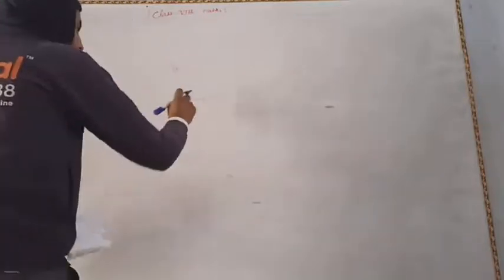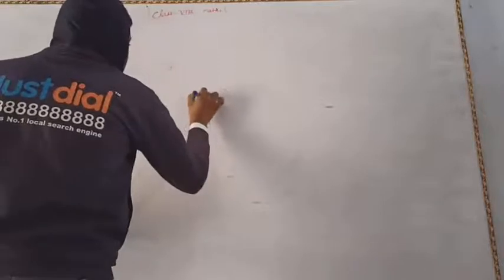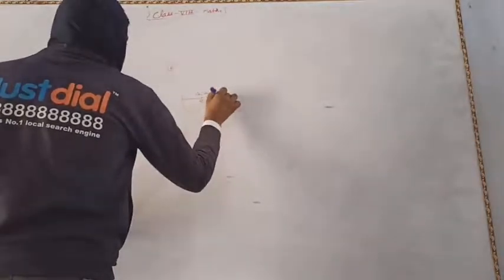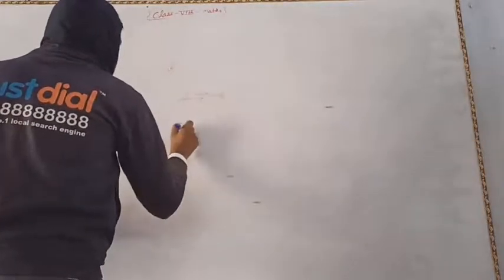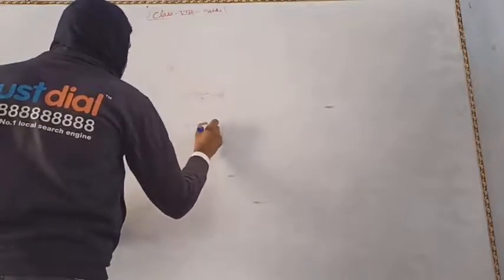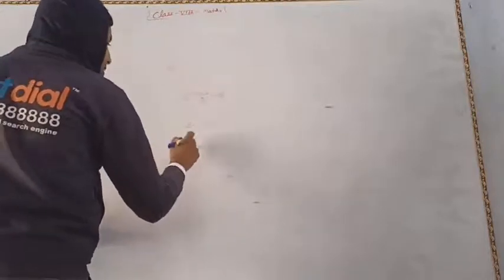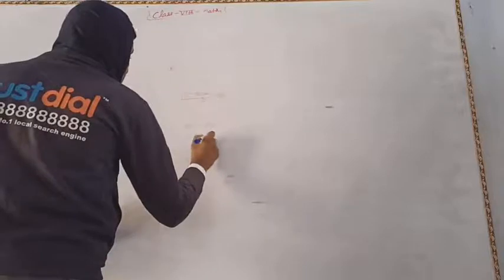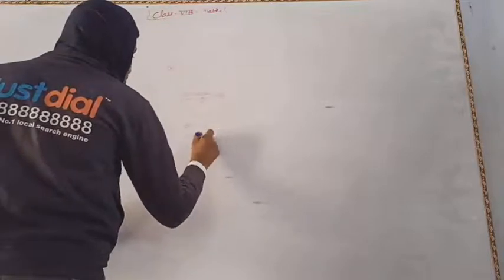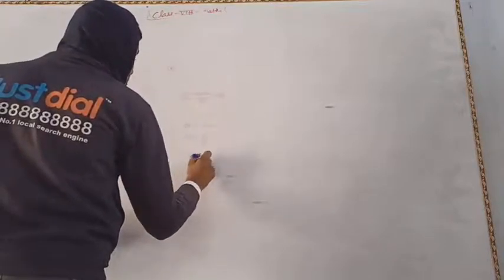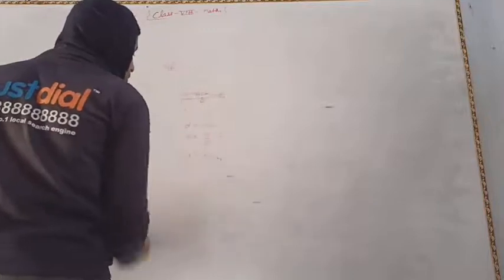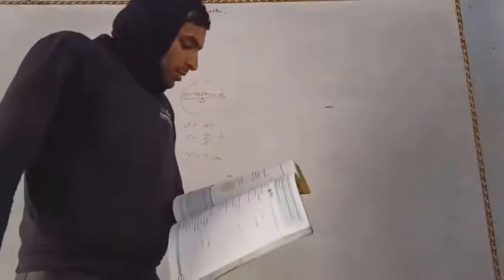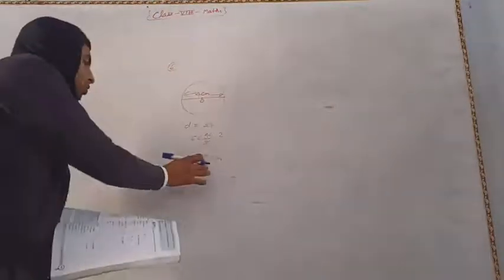This is the center O and the diameter is 4 centimeters. You know that D is equal to 2R, or R is equal to D by 2. Then R is equal to 4 by 2, which is 2 centimeters. Okay, this is the answer of this problem. So the radius is equal to 2 centimeters.